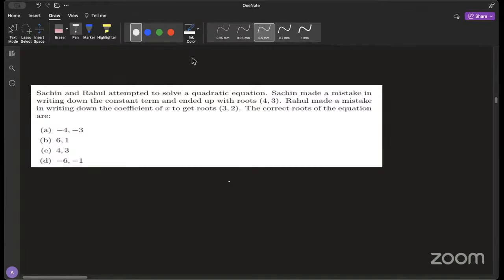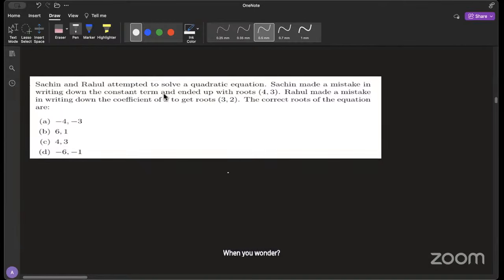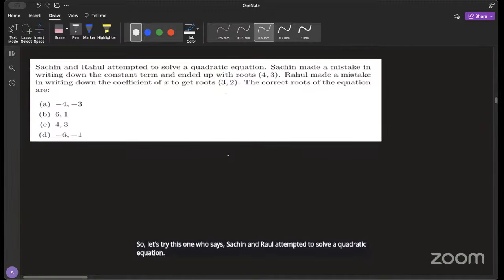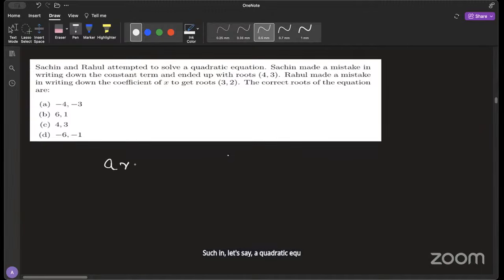I solved this question yesterday. Is anyone done? Okay. So try this one. This says Sachin and Rahul attempted to solve a quadratic equation. Let's say the quadratic equation is ax square plus bx plus c.